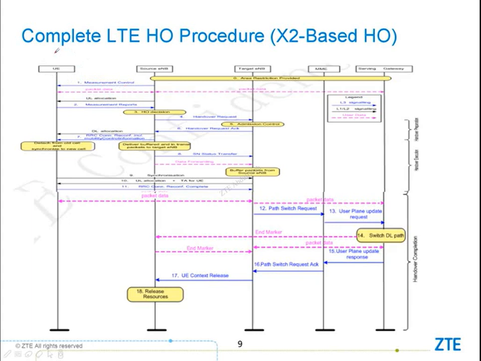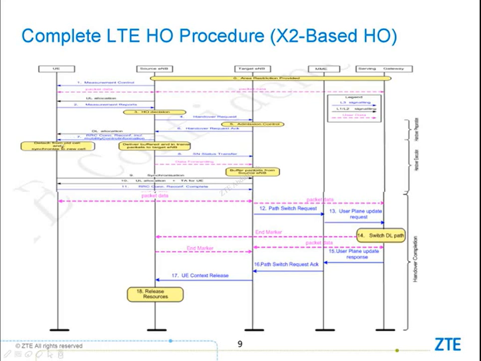Once the UE finds some target cell that satisfies this condition, the UE will report the measurement, just like the second step, measurement report. After that, number 3, 4, 5, 6, and 7 are the same as previously. We have already explained before, right? After number 7, the source eNodeB will send the RRC connection reconfiguration message to the UE.